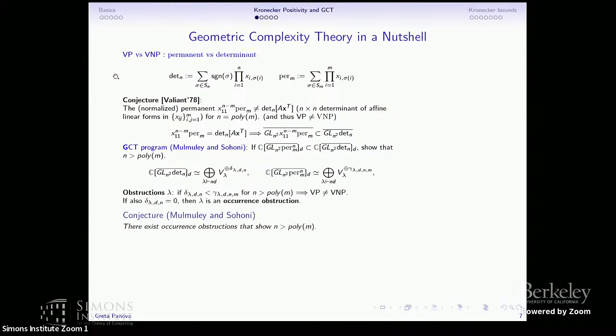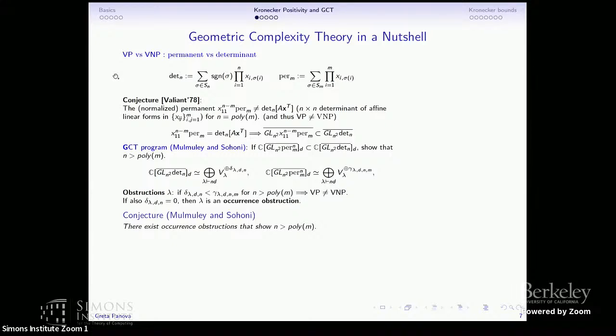Now, these multiplicities are pretty horrible, as you can imagine. Since studying them is probably hard, we might as well look into whether this multiplicity here is actually 0 and the other one is strictly positive. So that type of very simple inequality is going to be called the occurrence obstruction.